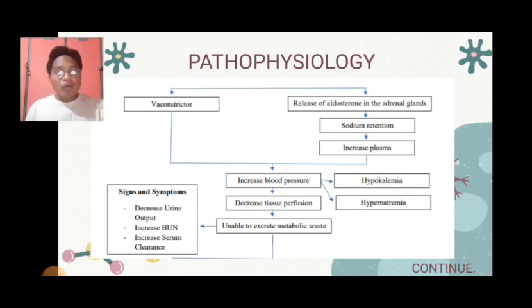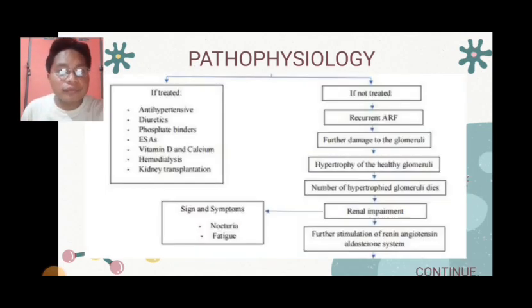Okay? So, the other one naman, if treated naman siya, of course, if the renal disease, acute renal disease is treated, we could actually see anti-hypertensive medications like losartan and other medications that could have an anti-hypertensive effect, the diuretics, and then phosphate binders, at saka ESAs, at saka vitamin D and calcium, and hemodialysis, and then kidney transplant if possible.